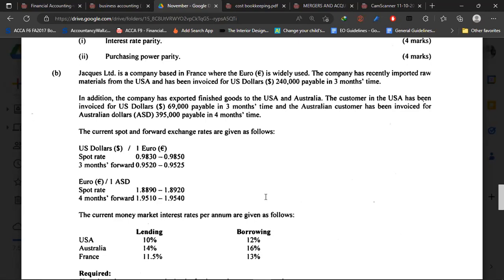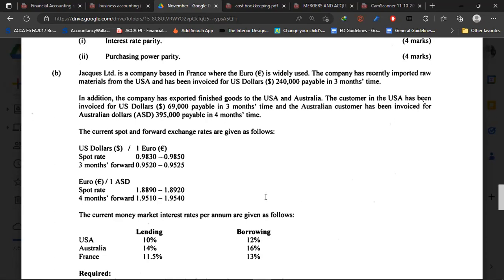The customer in the US has been invoiced for US dollars $69,000 payable in 3 months' time, and the Australian customer has been invoiced for Australian dollars ASD $395,000 payable in 4 months' time.